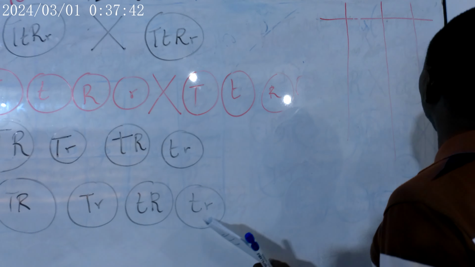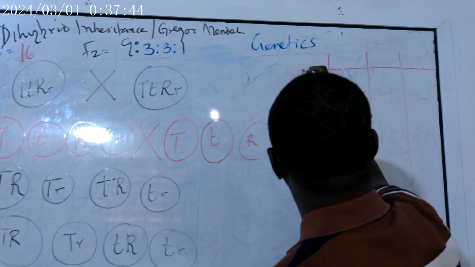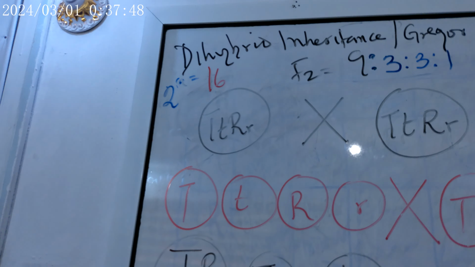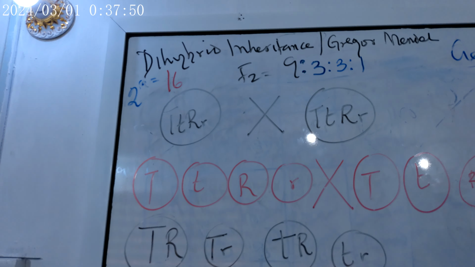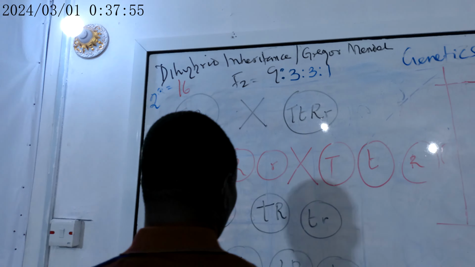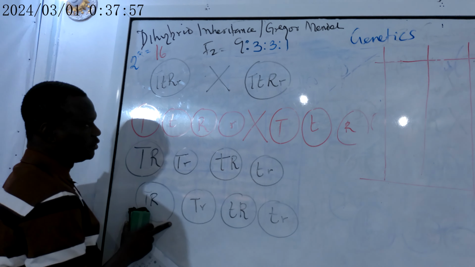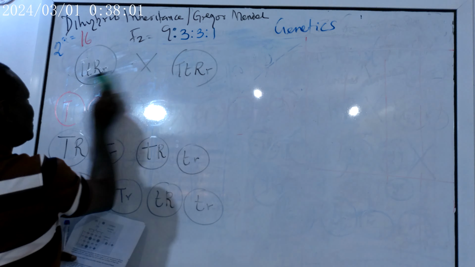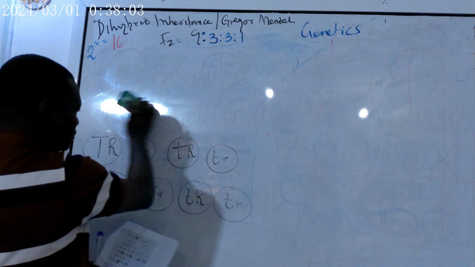We need to create enough space for this table, because we want to cross this, so let's try and do it this way.